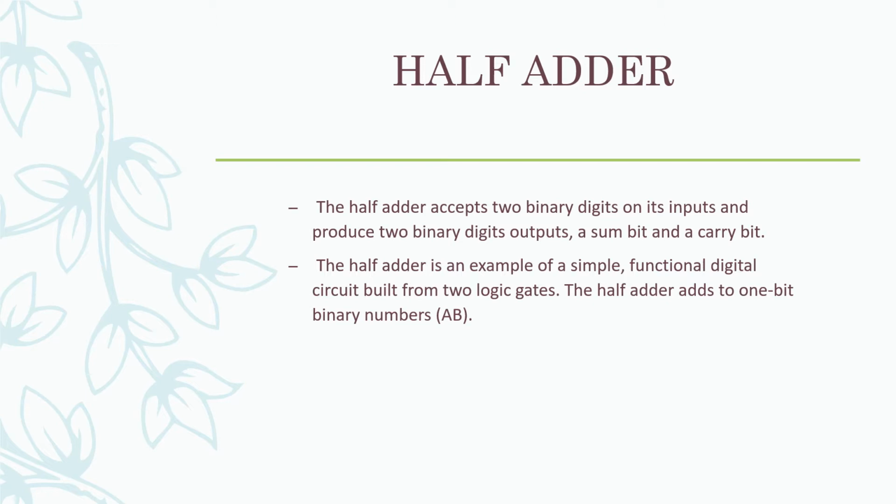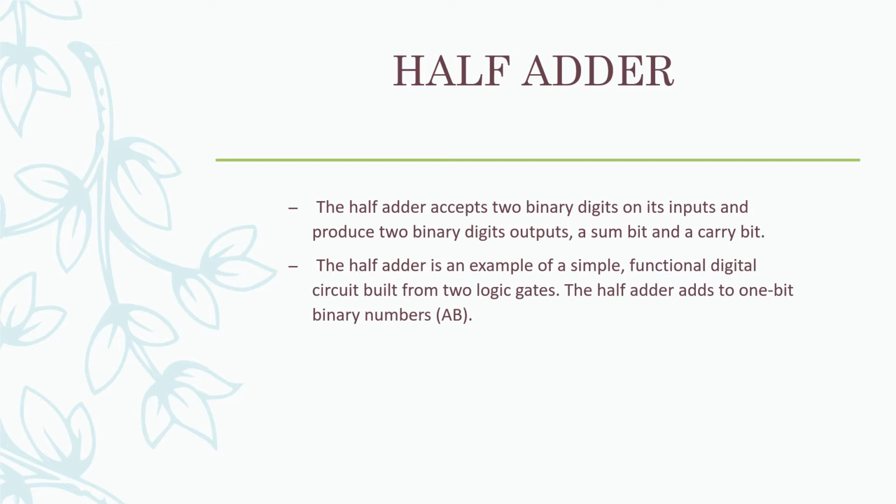But in the case of adders, here in half adder, we'll be having two inputs and two outputs. The two binary digit outputs are, first, the sum bit and another, the carry bit.